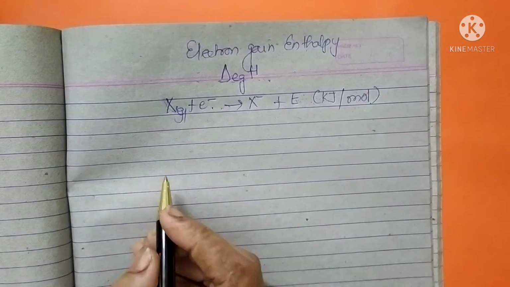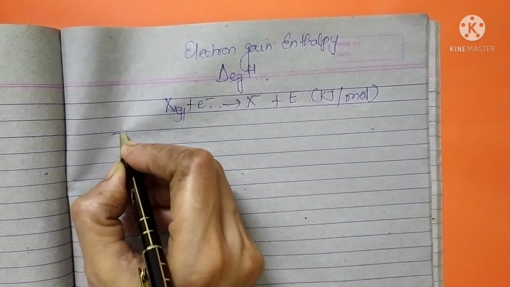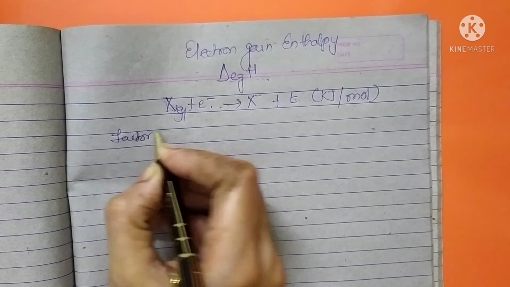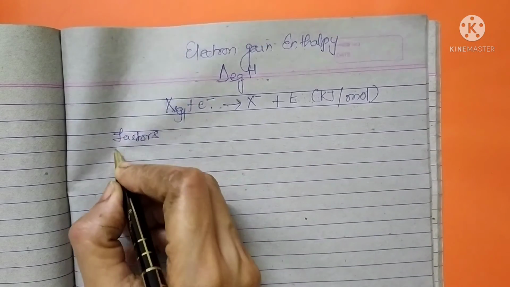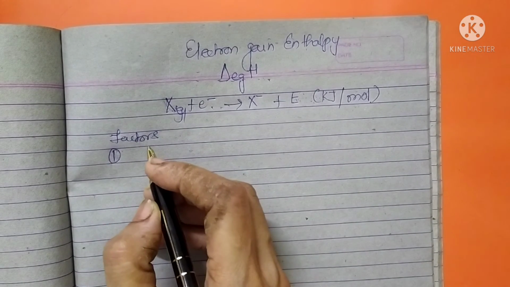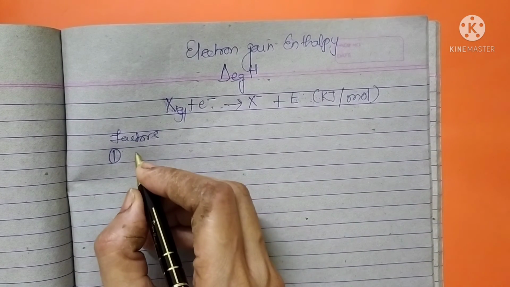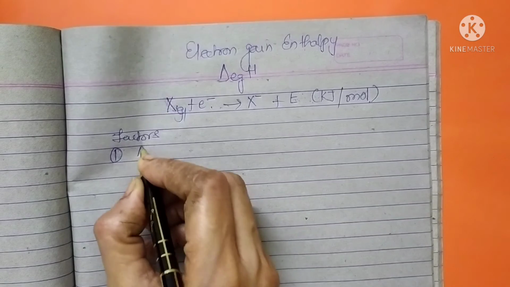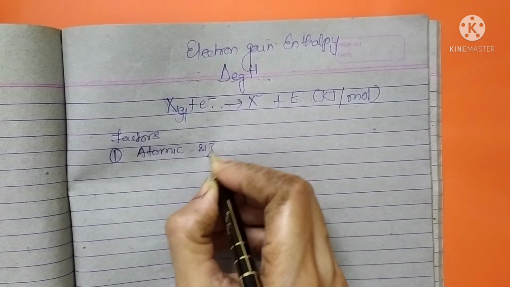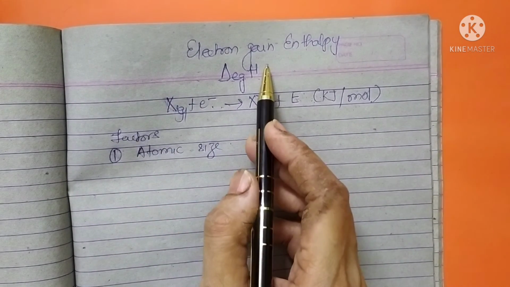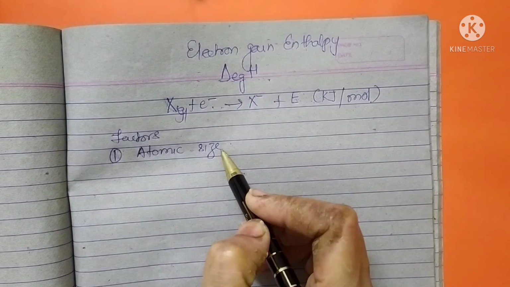Now let's come to the factors which govern the electron gain enthalpy. One of the factors, as we have already discussed in case of ionization enthalpy, is atomic size.